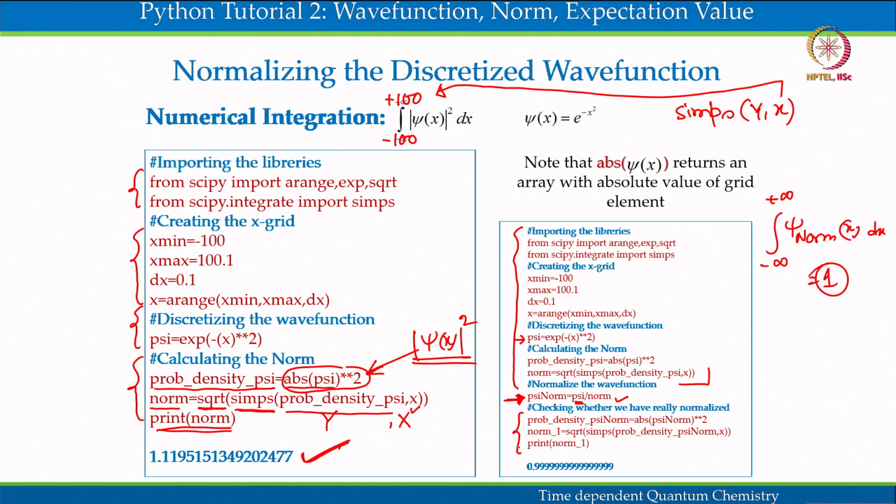So these 3 steps have been written to recheck whether we have got the normalized wave function. For that we have to again take the probability density, then the integration, and then the square root of that integration is going to be norm, and I am going to print norm. So we will move to the laptop.